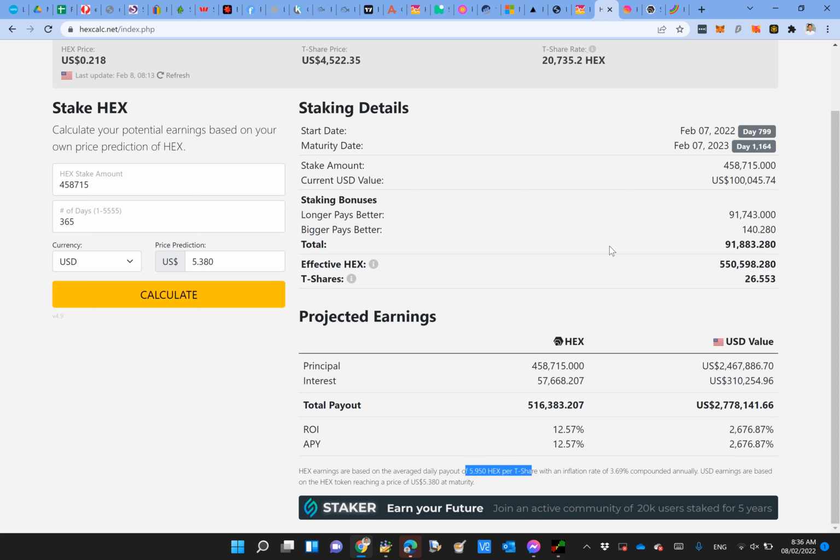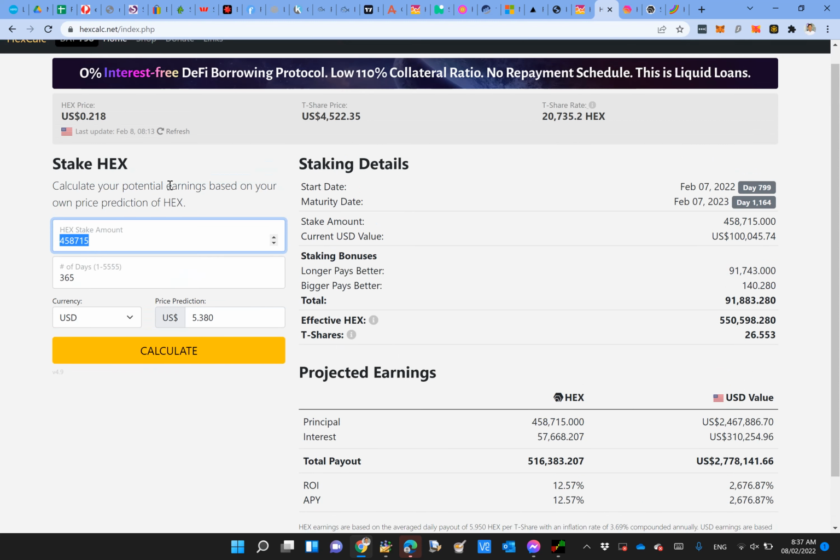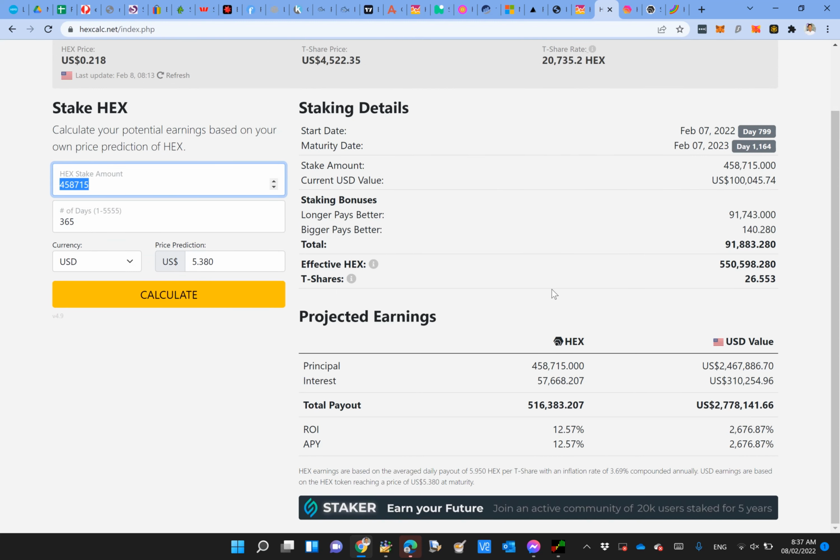As we know, for every extra year you get 20% more T-shares. So the best, obviously, is at 10 years, where you get 3x the number of T-shares. Basically the longer pays better. Now that amount of HEX is basically $100,000. You can see that you are getting a 12.57% return in 1 year. Obviously if you stake longer, you're going to get a lot more.